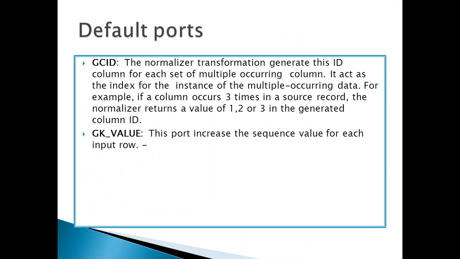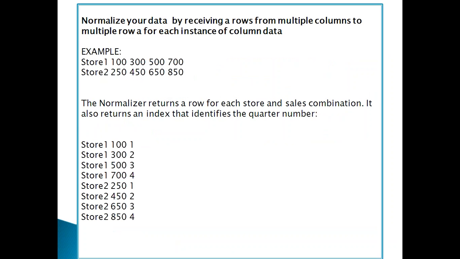The default ports inside your normalizer transformation are GCID and GK value. The normalizer transformation generates this ID column for each set of multiple occurring columns. These are your GCID values, called the generated column ID, and they are generated by default using the default port GCID.